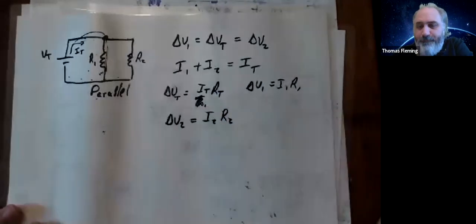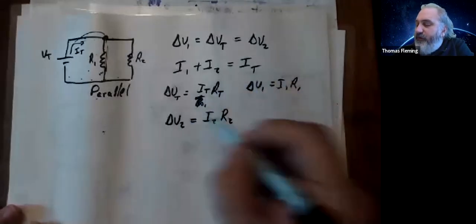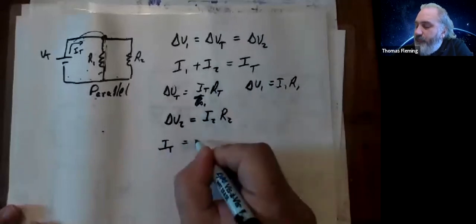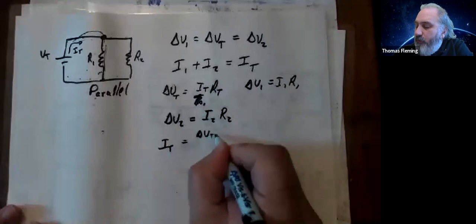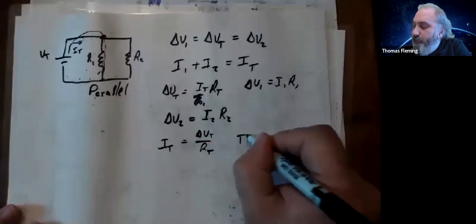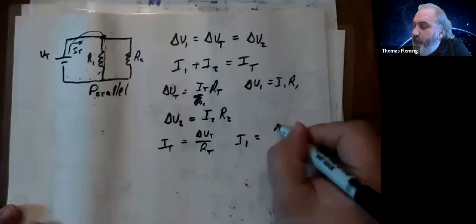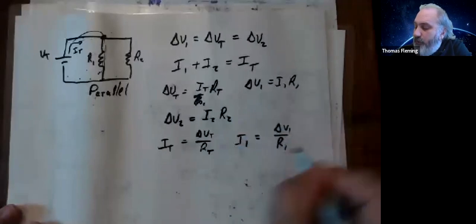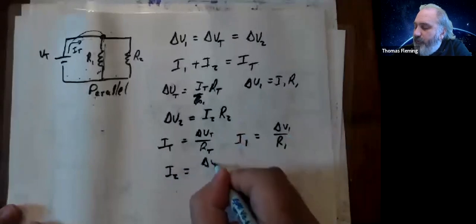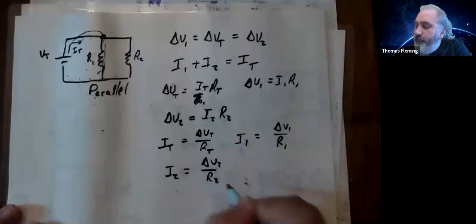All those rules still apply. Let's rearrange this. I can write that I total is going to equal delta V total divided by R total. And I can do the same trick for the other two as well. I1 equals delta V1 over R1, I2 equal to delta V2 over R2.